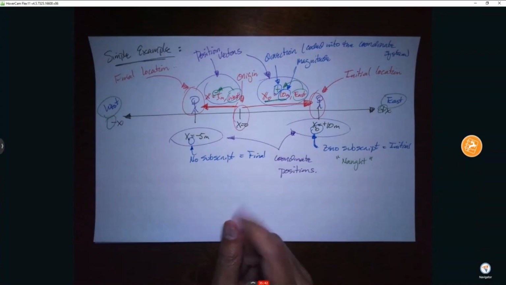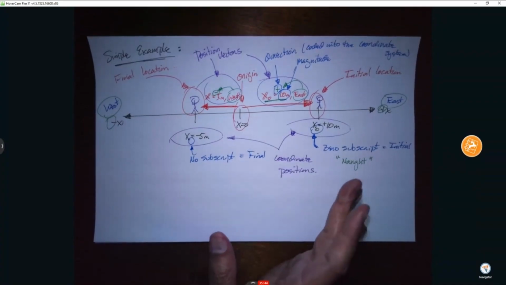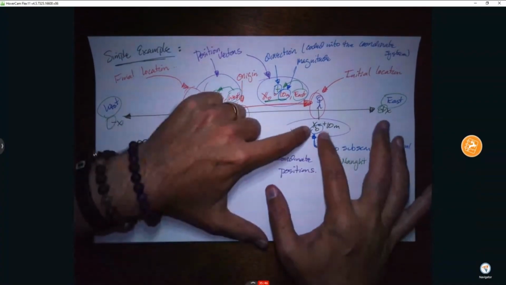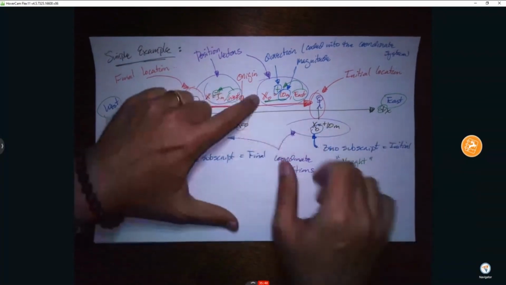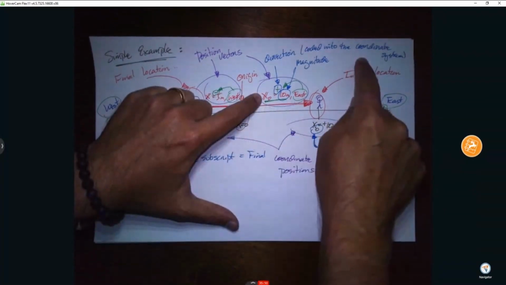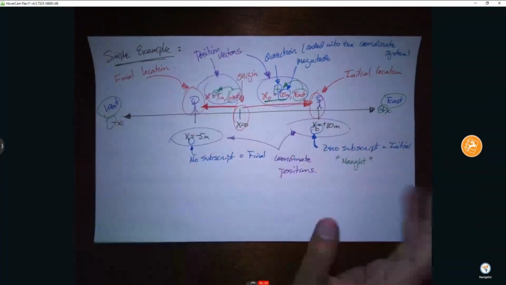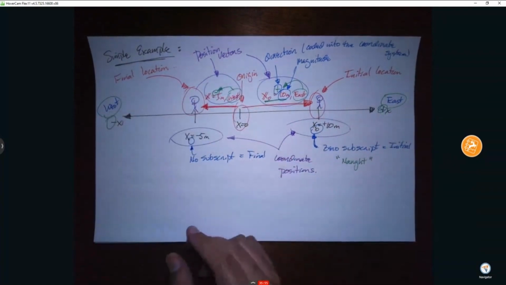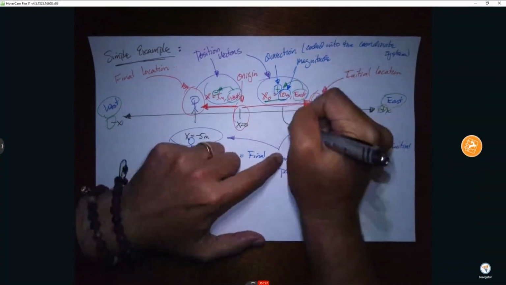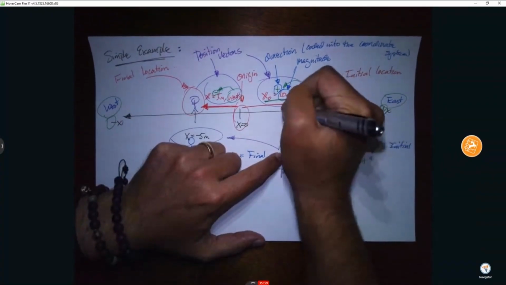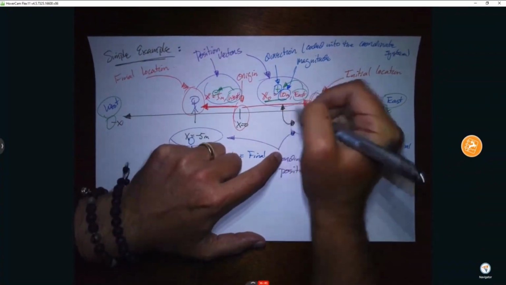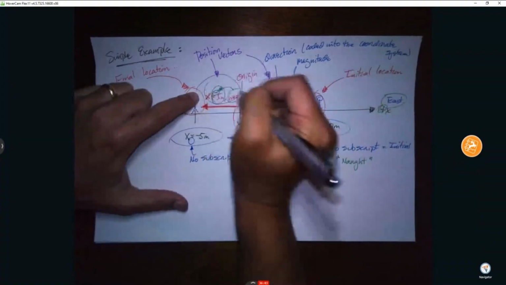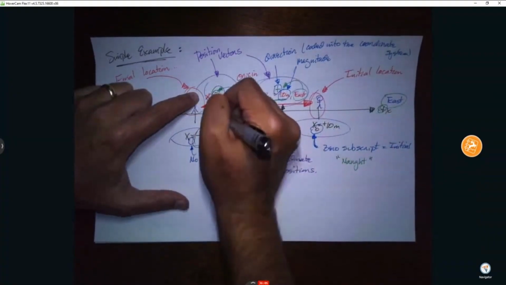And then what you're going to find, an important thing to notice, is that my coordinate position was plus 10 meters, but then my position vector coded in the coordinate system was also plus 10 meters. And what you get is that there is this kind of one-to-one correspondence between these two quantities. And it's the same here. We've got -5 and -5.